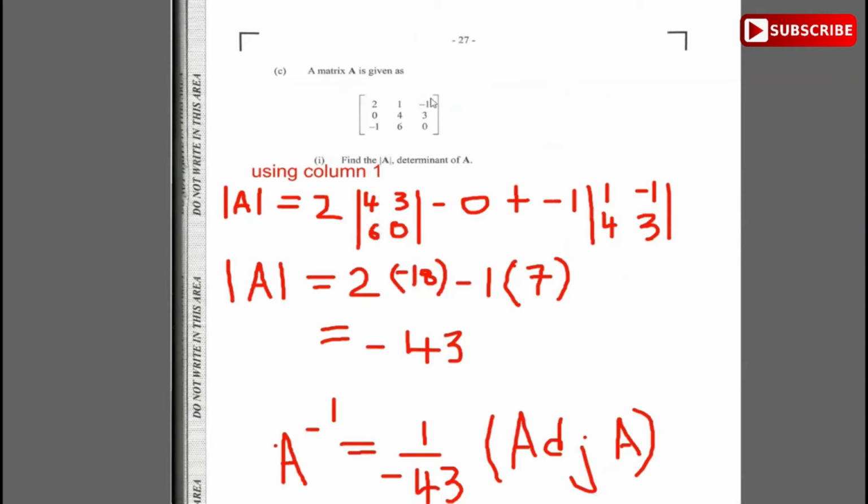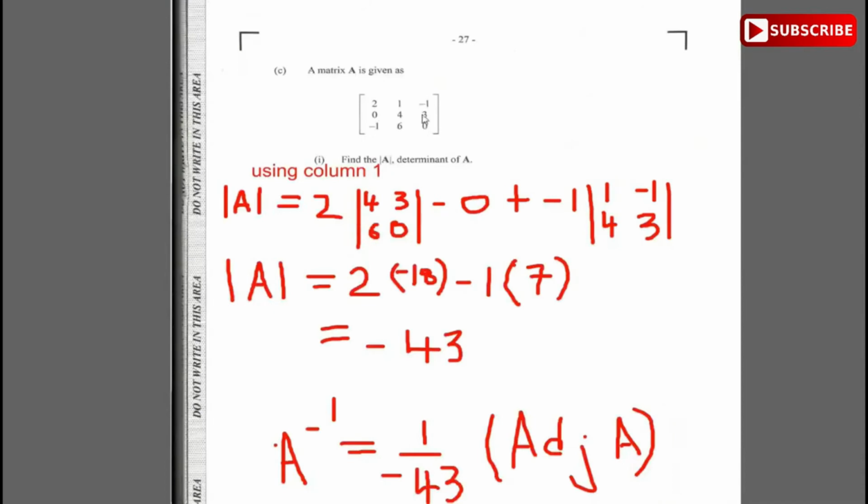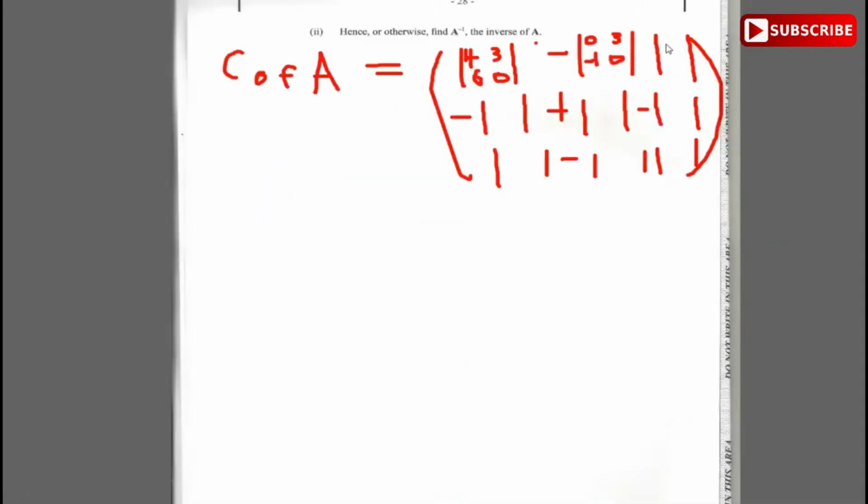That's going to be 0, 3, minus 1, 0. And we go around here. Then we're going to cross out here and here. We get 0, 4, minus 1, 6.